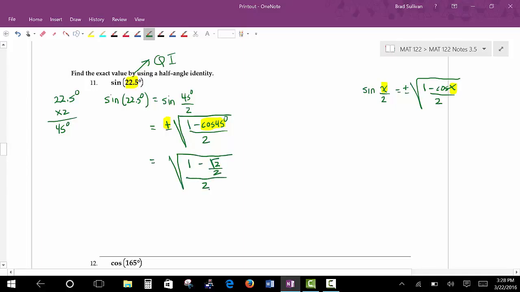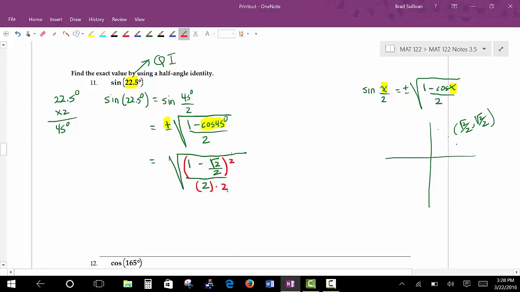Okay, so you have that. Remember, on a unit circle, the 45 degree angle is the point square root of 2 over 2, square root of 2 over 2. That's the point on the unit circle. All right, now we have to clean this up a little bit. So what you do on problems like this is you have a complex fraction. So you can go under the radical, and you can multiply the top by 2, and you can multiply the bottom by 2.